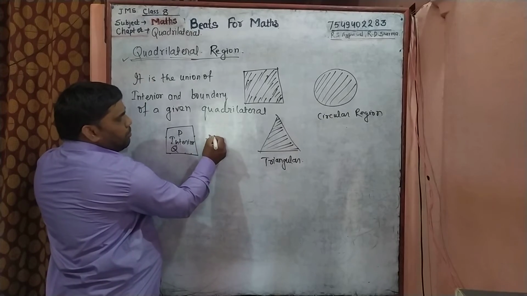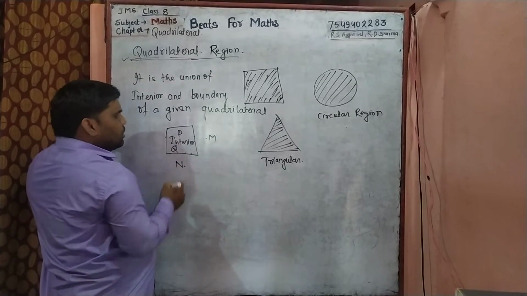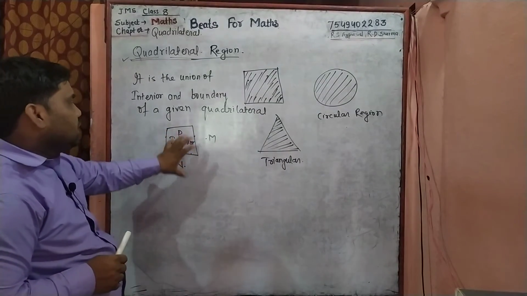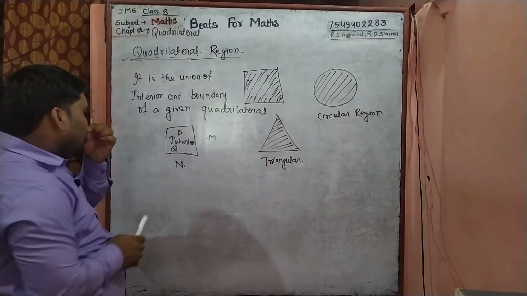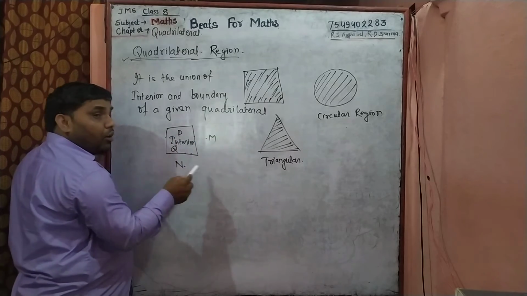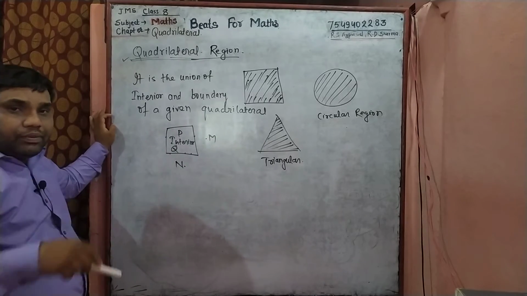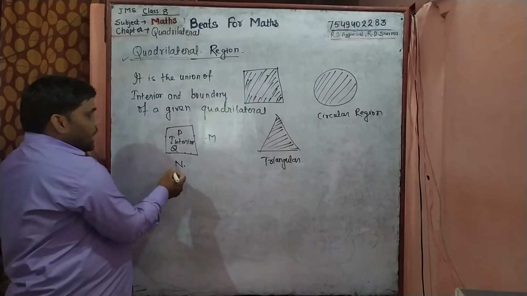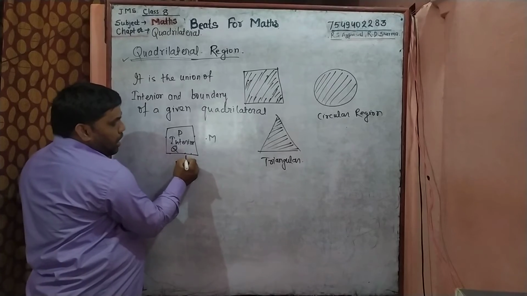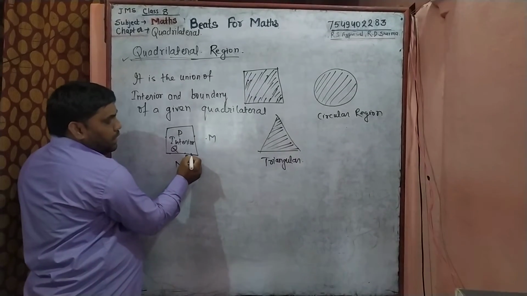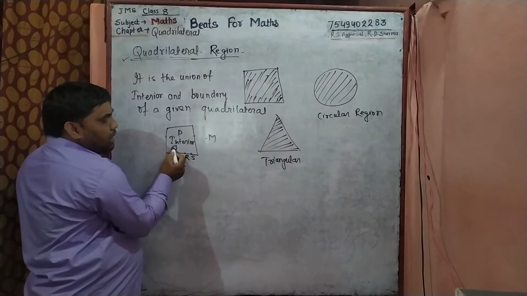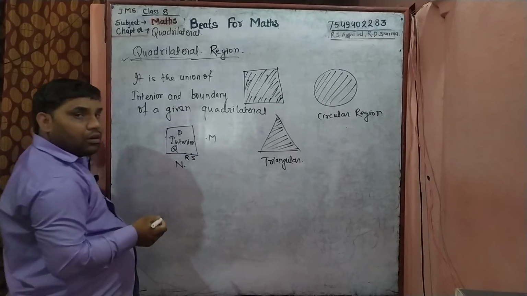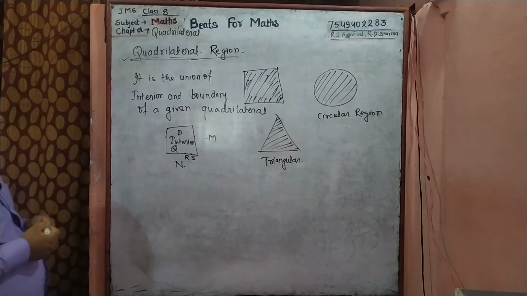Suppose here M, N. So interior means the region inside the boundary, exterior means the region outside the boundary, and on the polygon or on the figure means on the boundary. Here M, N, P, Q, this R, S. So P and Q are interior, N and M are exterior, R and S are on the boundary.